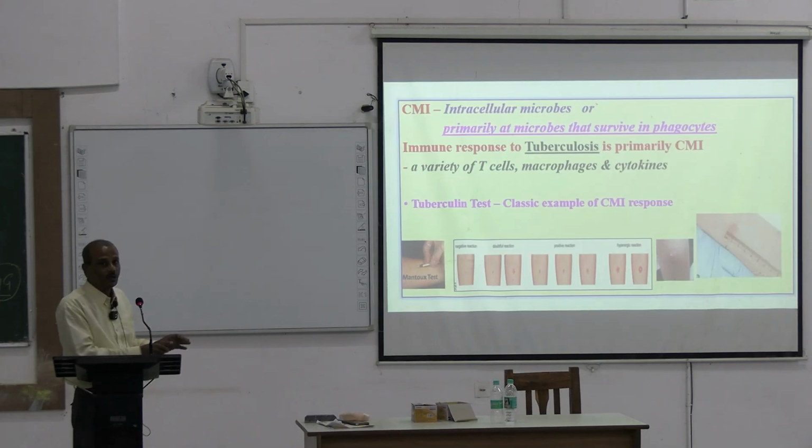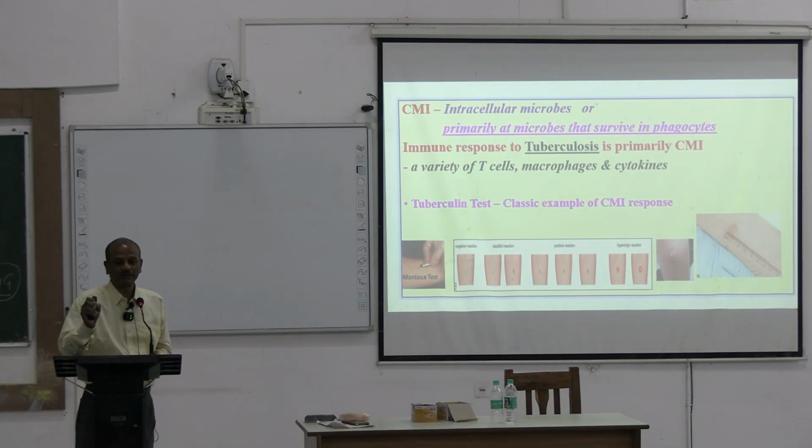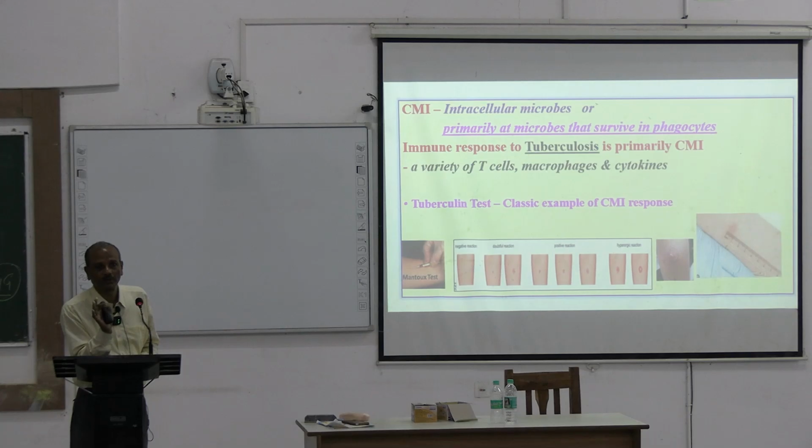Remember, tuberculosis is a cell-mediated immunity, and in clinical practice you will advise somebody suffering from tuberculosis to go for a tuberculin test, also called the Mantoux test. The Mantoux test is done using the tuberculin antigen. It is given subcutaneously, and then the response is seen.